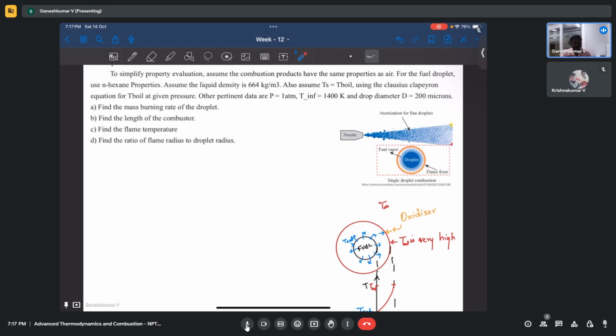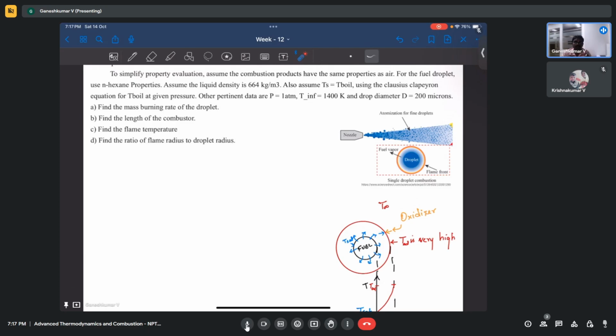These are all for ideal situations. In real situations, this kind of analysis will not be helpful for accurate predictions. In real life, let's say you want to find out how much time the droplets generated inside a rocket engine, let's say 100 micron droplets or 50 micron droplets, take to fully burn, right?